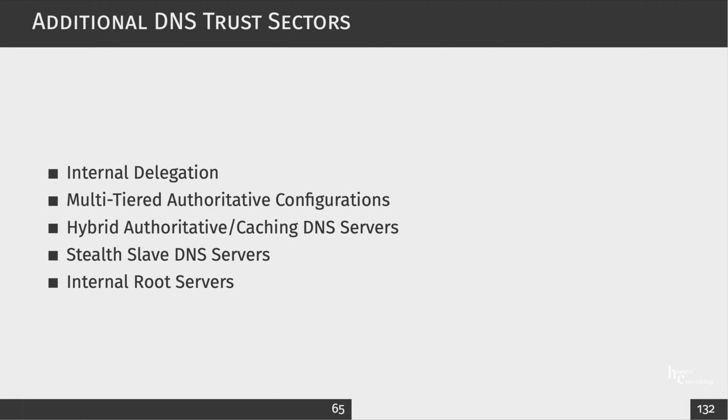And this can be combined with the next topic, a stealth slave or a stealth secondary. This is the option that on such a caching box you can run the authoritative data of your company, but the servers are not published as existing DNS servers.